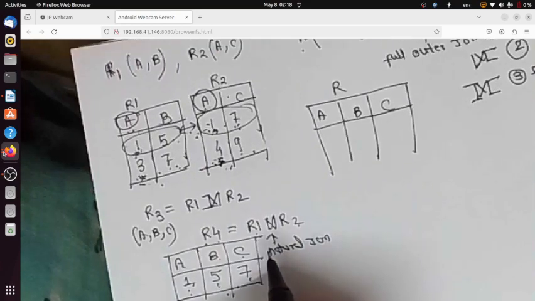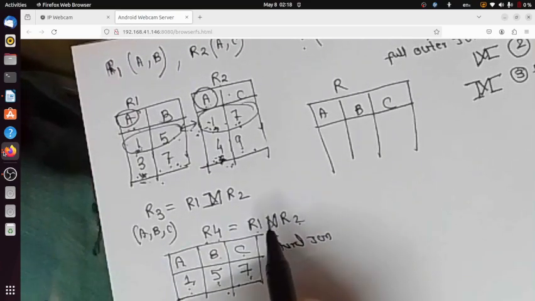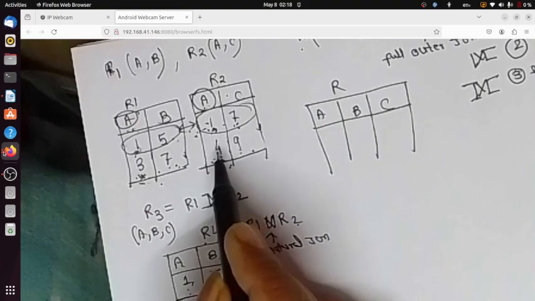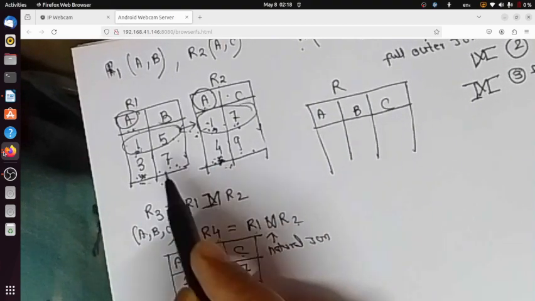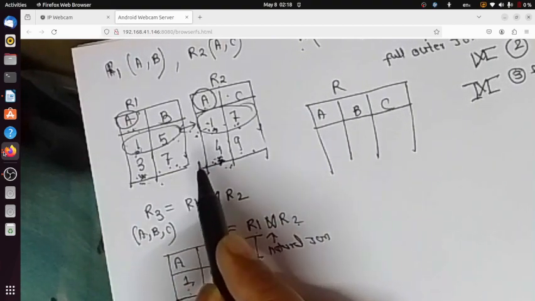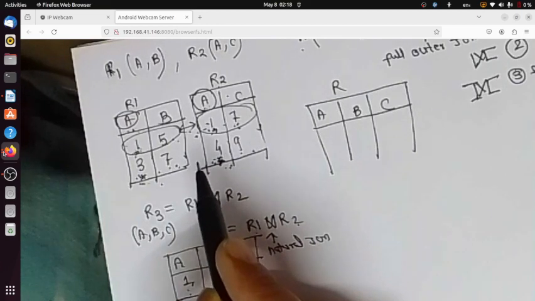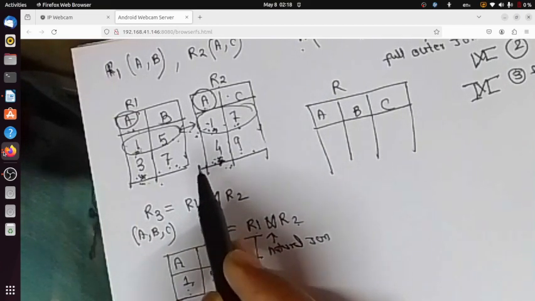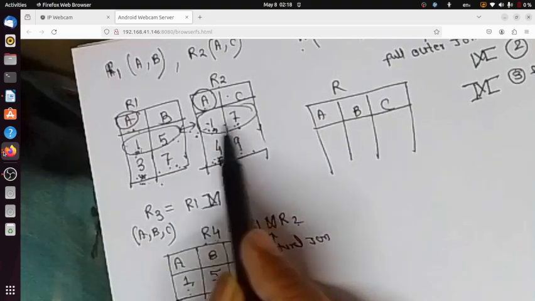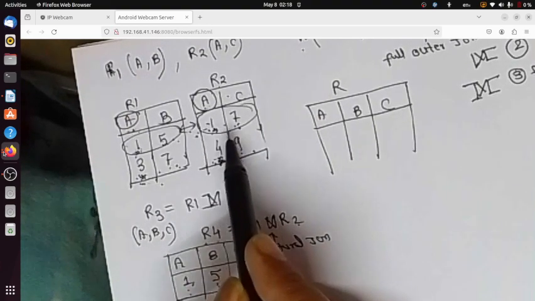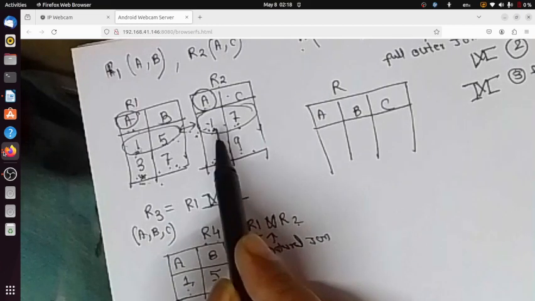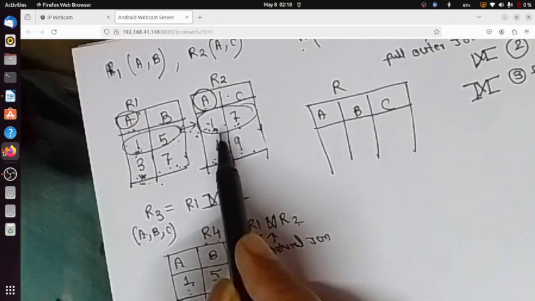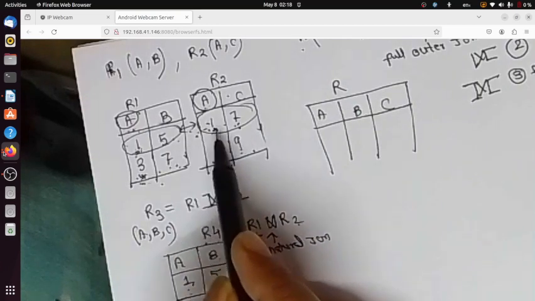So what happens in natural join? To do a natural join operation between two different relations, there should be at least one common column or common attribute. Based on the matching values in that common column, two records from two different relations are combined.